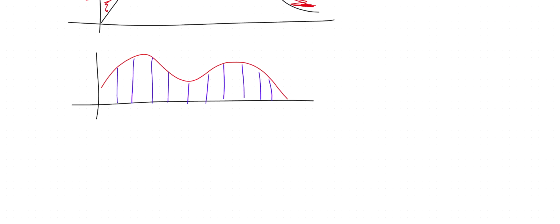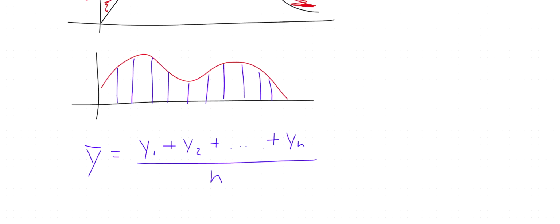It would be our y sub 1 plus our y sub 2 plus, and we would add these all up to our y sub n, however many we have, divided by n. Normal average: add things up, divide by the number of things you got. Thing is, though, when we do this with a finite number, we're missing a whole lot.